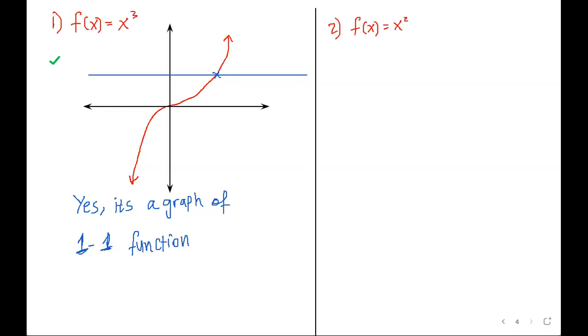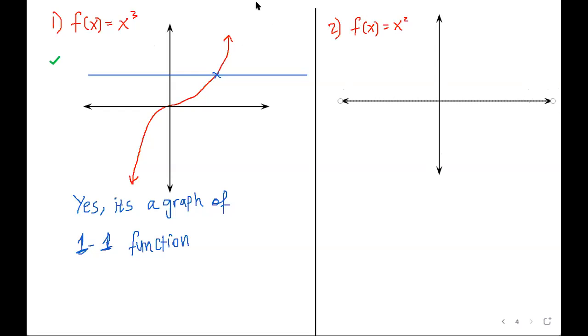What is x squared? How is the graph for x squared? It's like a V. It's like a u, right?